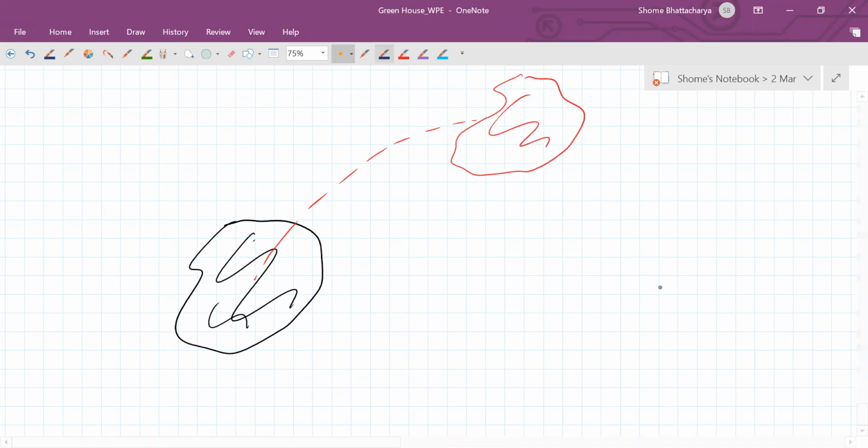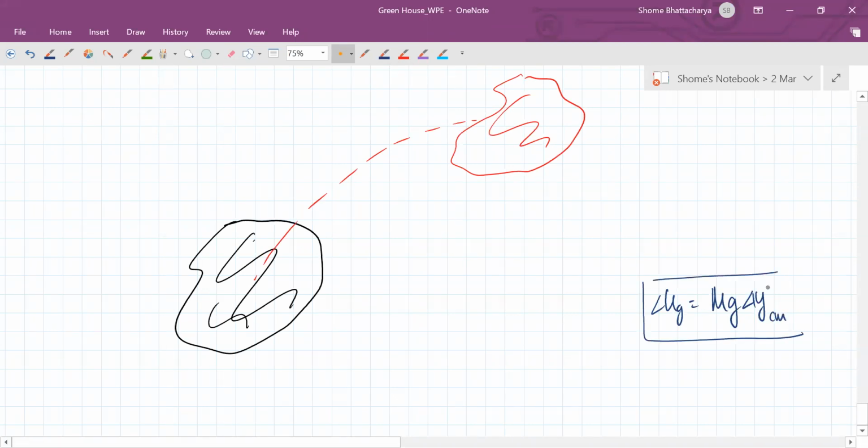Now I want to find out the change in gravitational potential energy. It will be the mass into g into delta y of the center of mass. If the center of mass was earlier over here, at the final position after making this displacement, the center of mass has gone over here, let's say. So I'll have to calculate this thing.